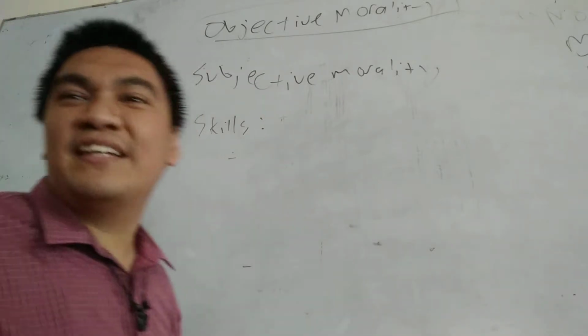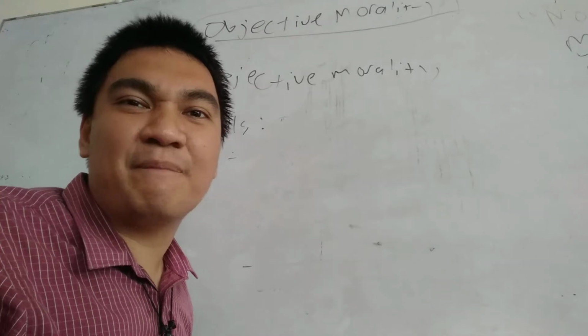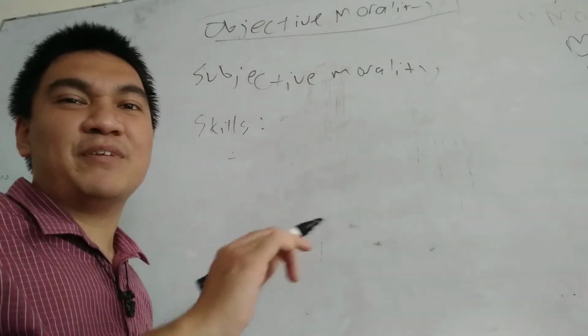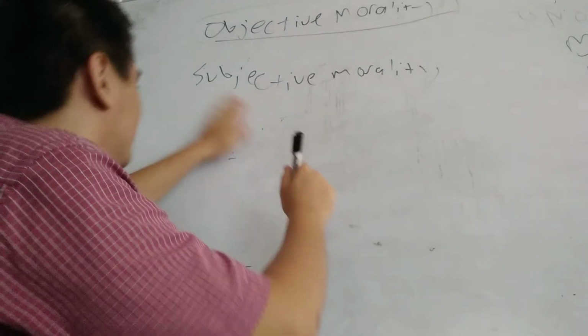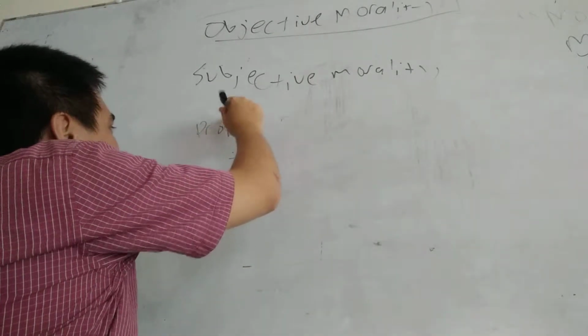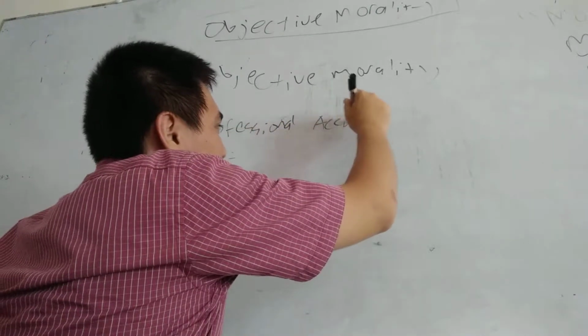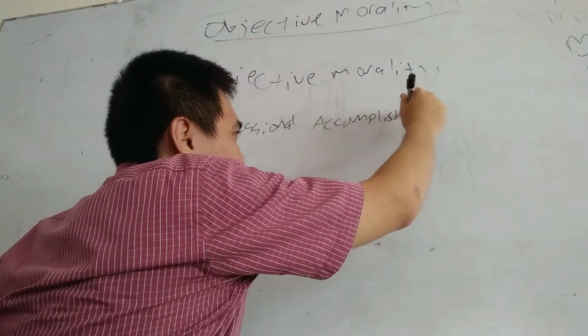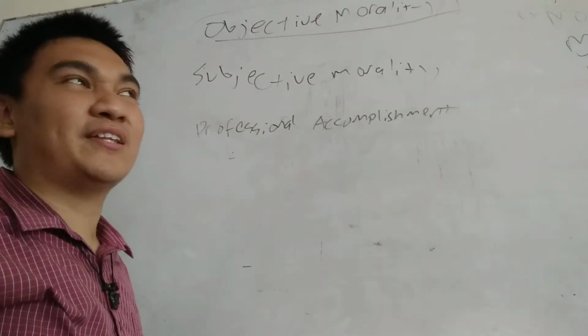So for example, I have public relations and critical thinking. So my professional accomplishments will look like this. So here, I'm going to show you how to write one.